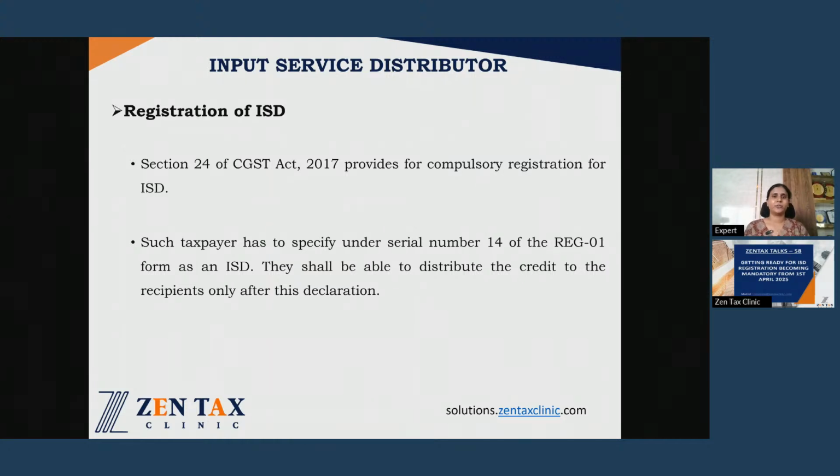To get registered, they need to file the form REG-01. They have to specify under serial number 14 that they are ISD, and only after such declaration they will be assigned a GST number, and they will be able to transfer the credits available to their other organizations.